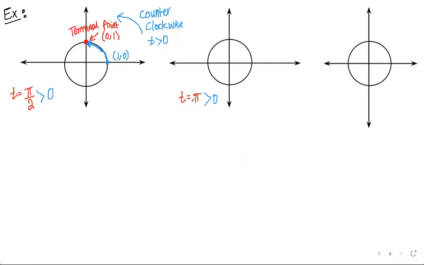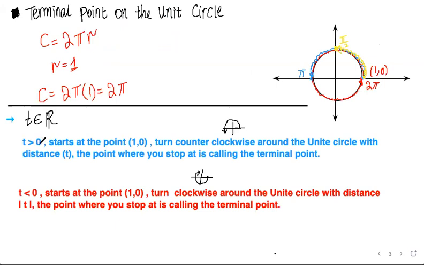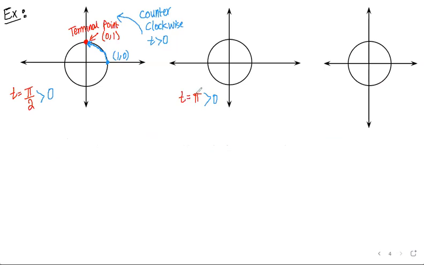So now again, t is equal to pi. The pi is greater than 0, so it is positive. Go back here: t is positive, starting at the point, turn counterclockwise around the unit circle with distance t. Now the distance is pi.